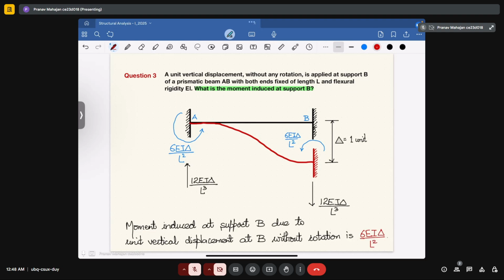You can ignore delta also because delta in this case is equal to 1. Okay. So this is how you will solve the problem when there is settlement in the structure.